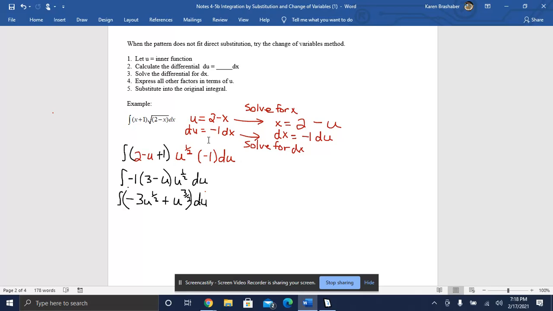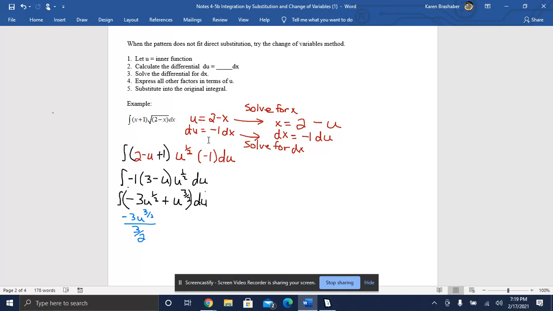And we've now created an integral that has individual terms that we can use the power rule for as we integrate. So this is actually ready to integrate. So we'll have -3, and then u, we'll add 1 to the exponent, so that'll be to the 3/2 power over 3/2.